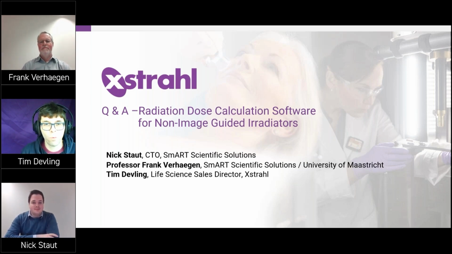How frequently would we need to do a dosimetry calibration, or would the system need to be recalibrated? The answer is it would need to be recalibrated if you replace your X-ray tube, or if as your X-ray tube ages you get a different dose rate with the same settings. It depends a bit on how your QA is, but the calibration is based on the dose rate that your X-ray tube outputs.